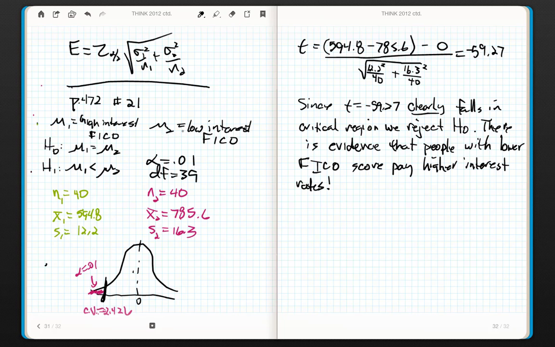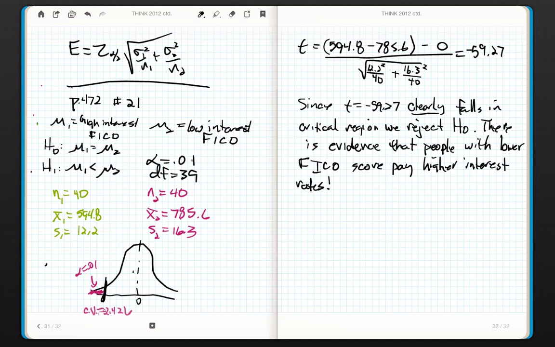My mu2 are my low interest FICO people, so these are the FICO scores that came out of that. So my null hypothesis is that they're equal, that the FICO scores are equal, or that the high interest people have lower FICO scores than the low interest people.